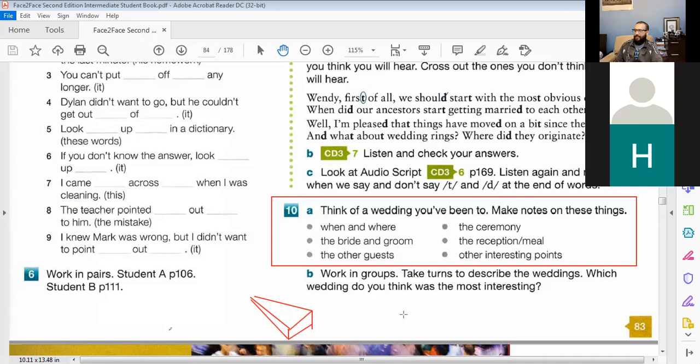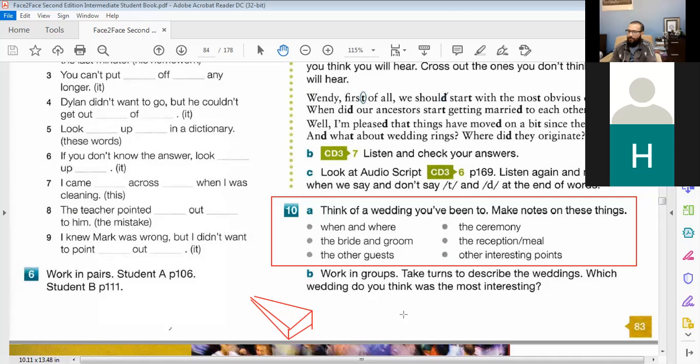Yeah. Interesting. Okay. What about you, Hajar? Tell us about, maybe you have a more updated version of weddings. Tell us about maybe the last wedding you've been to. Any notes about the bride, groom, any interesting things, the guests and the whole wedding?